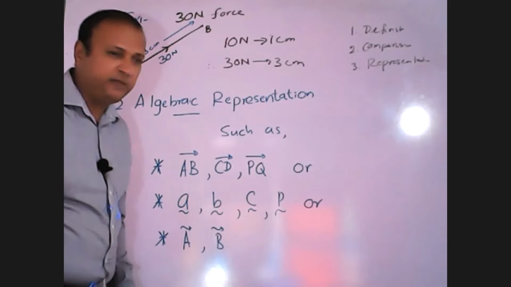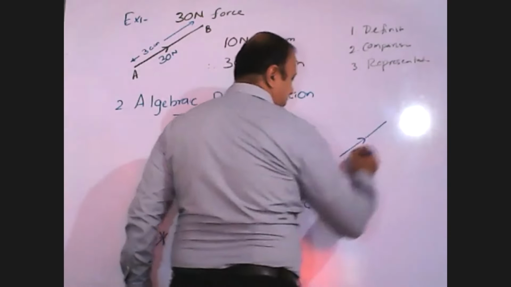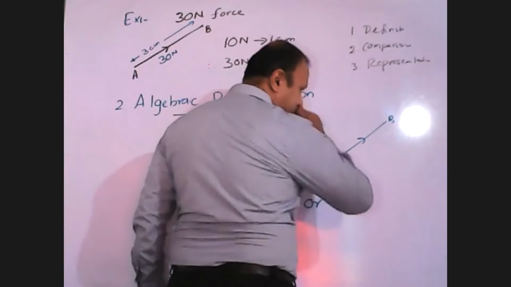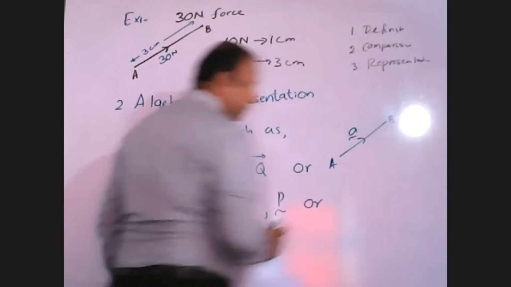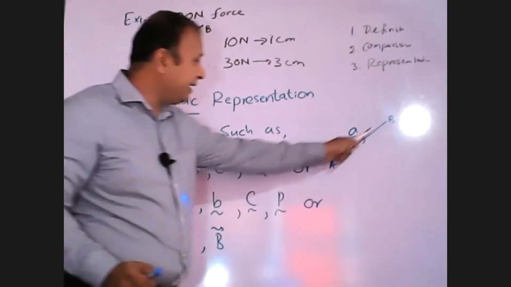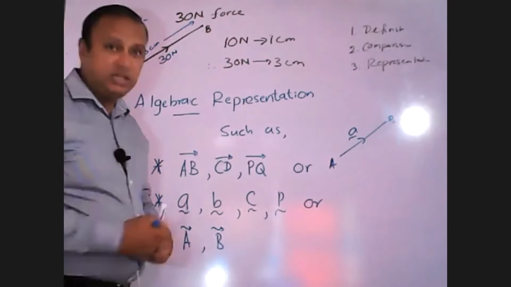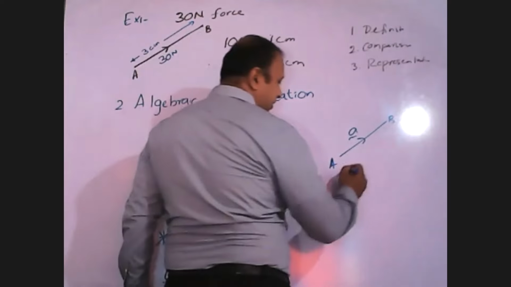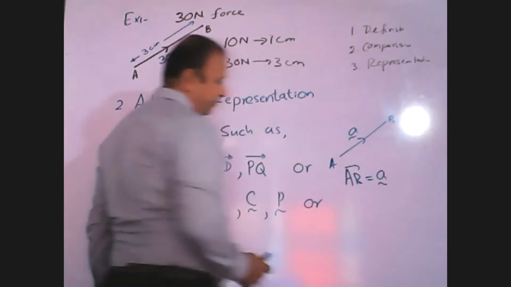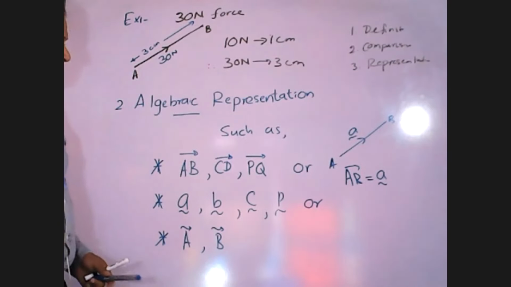That means, suppose this simple A vector starts from point A and ends at point B. You have to mention that first. That means the AB direction vector is equal to simple A. You have to mention that first, okay?